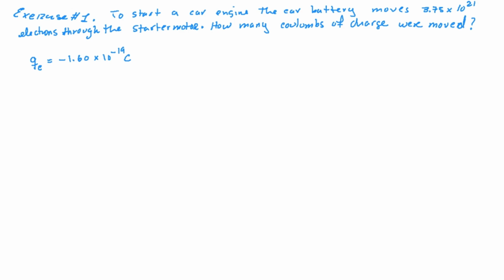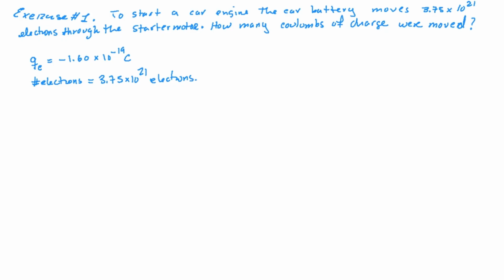So what we can do, we have the number of electrons, and the number of electrons was 3.75 times 10 to the 21 electrons. And we know the charge of one electron.